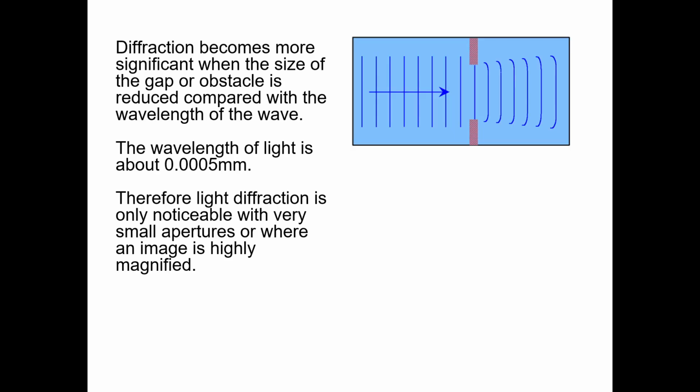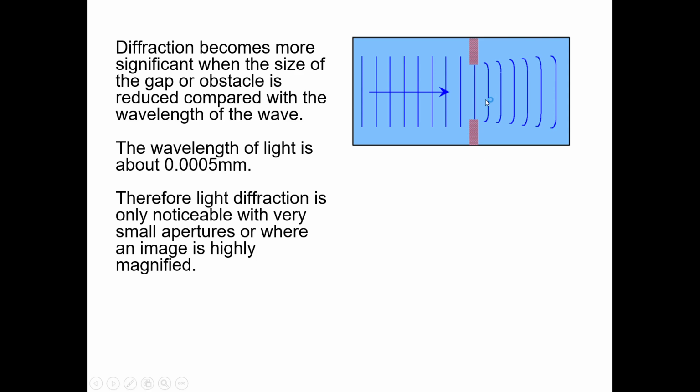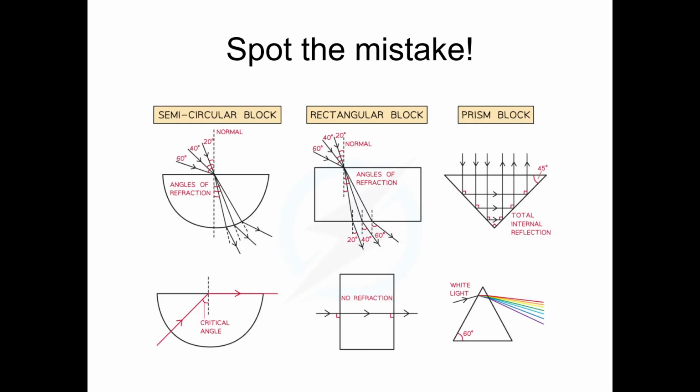Diffraction becomes significant when the size of the gap is comparable to the wavelength of the wave. So you've got the wave fronts there, and you won't get much diffraction in the first case, but you will get significant diffraction in the second case because the gap is about the same as the wavelength. And that's about it. That's the IGCSE uses of light covered.